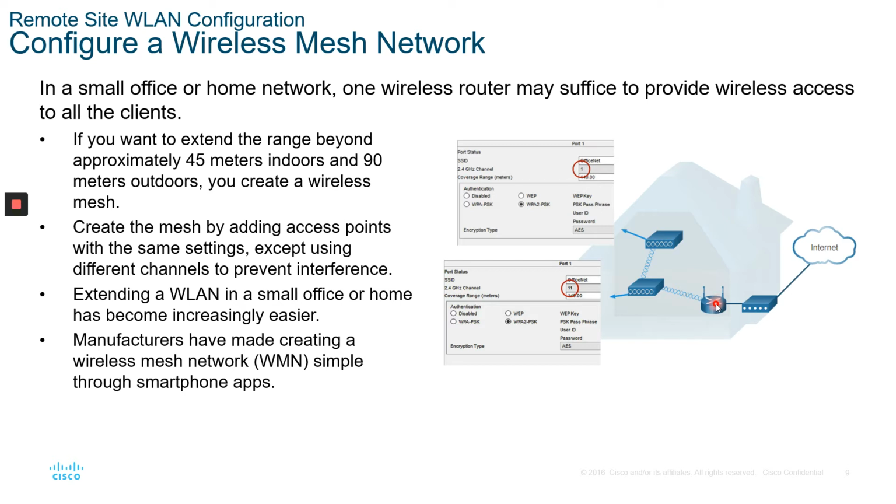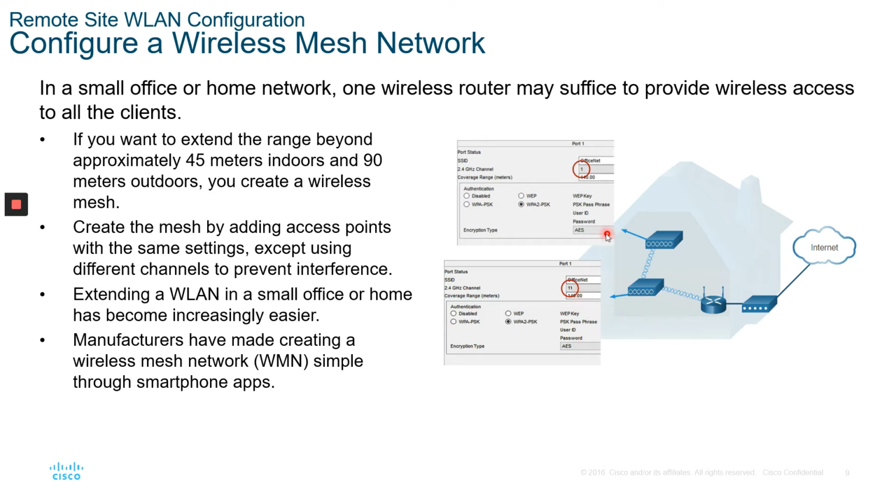you can simply add the access points with the same settings, except using a different channel to prevent interference. So you will be using the same network address and the same SSID, and the network channel you can change.